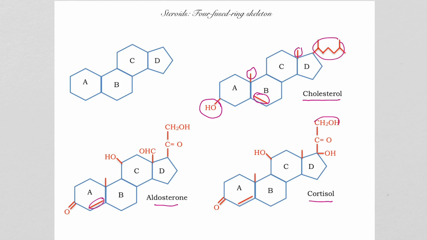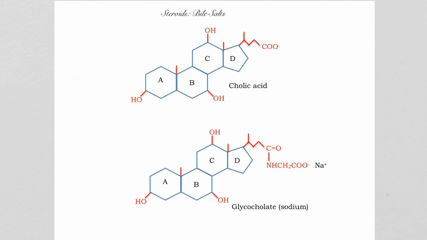As I mentioned earlier, bile salts are also steroids. We'll talk about the function of bile salts in a few seconds, but this is what is stored in bile, which is in the gallbladder, produced by liver cells and then stored in the gallbladder.